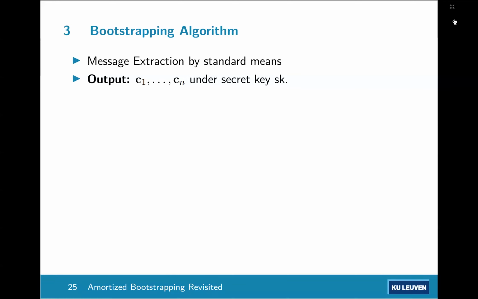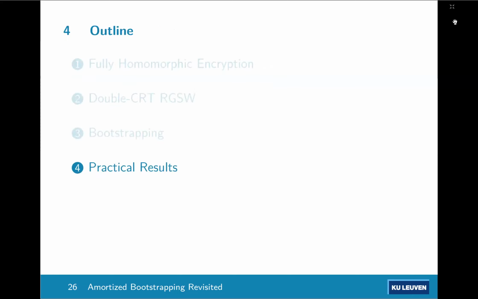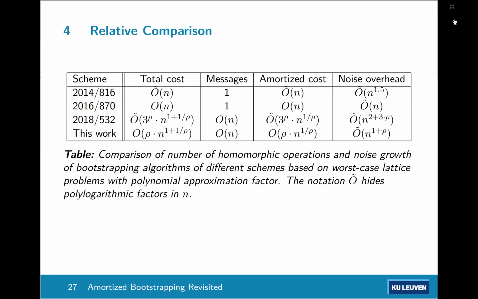In the final minute, I do want to talk about what this technique concretely obtains compared to previous works and what it sets as a benchmark. For this, let rho be the depth of the NTT and let n be the dimension of the LWE scheme.